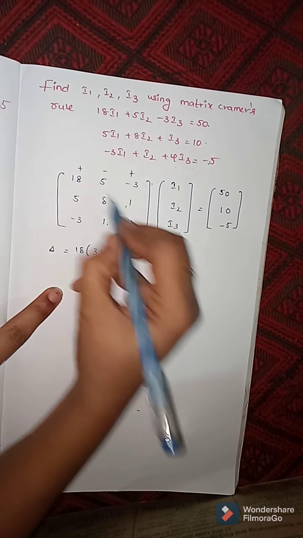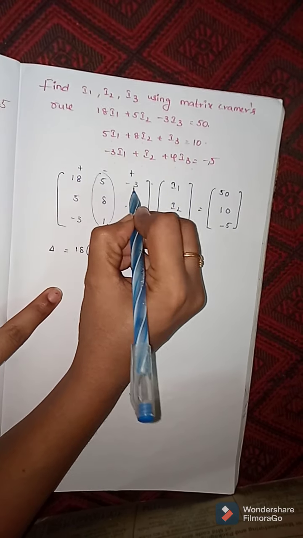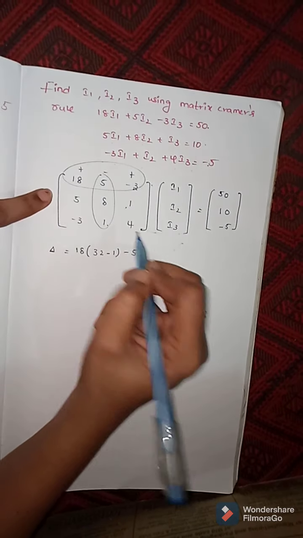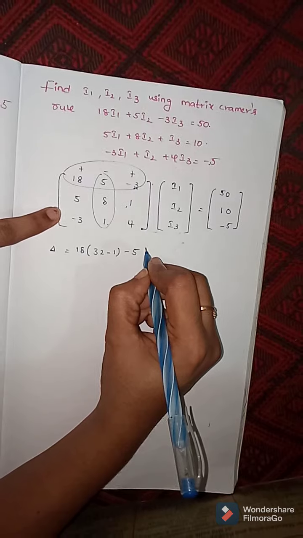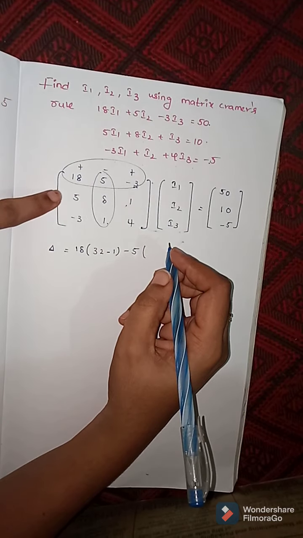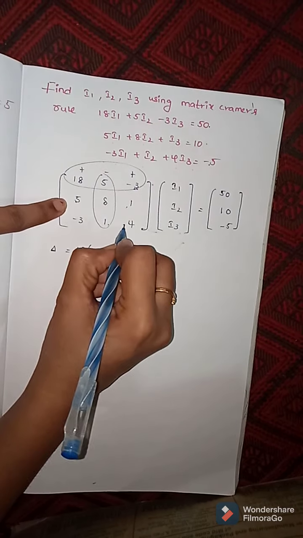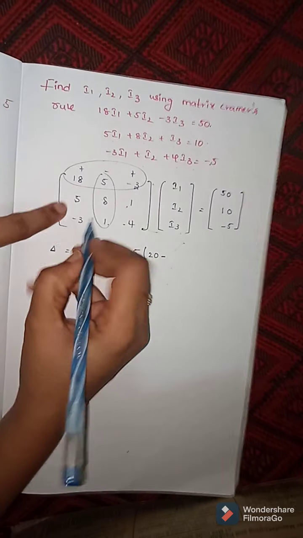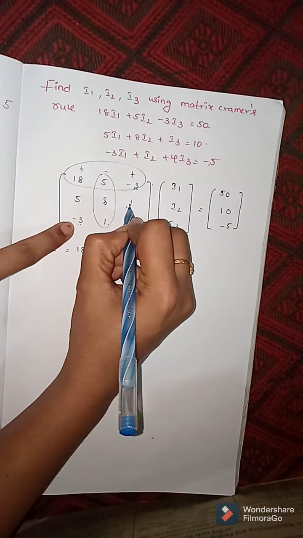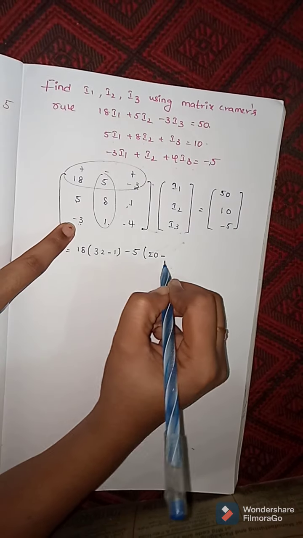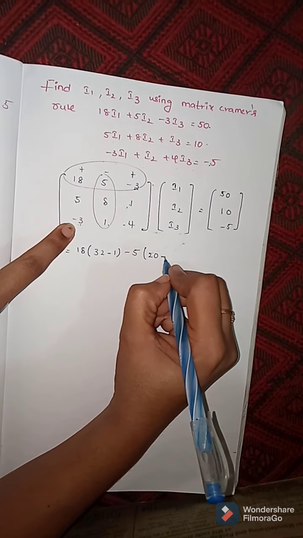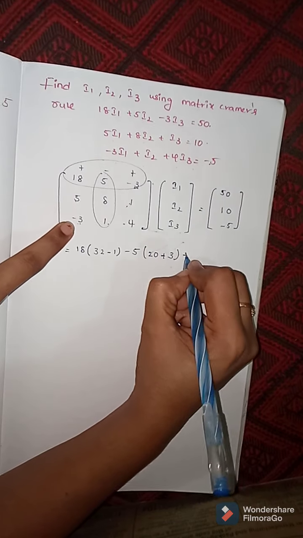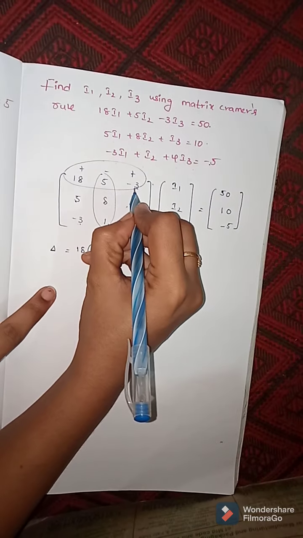We take the second row, second column, and the first row is eliminated. The remaining terms are calculated. That is 5 into 5 4s are 20, minus 3 into 1, minus 3, minus plus, so plus 3, plus minus 3.